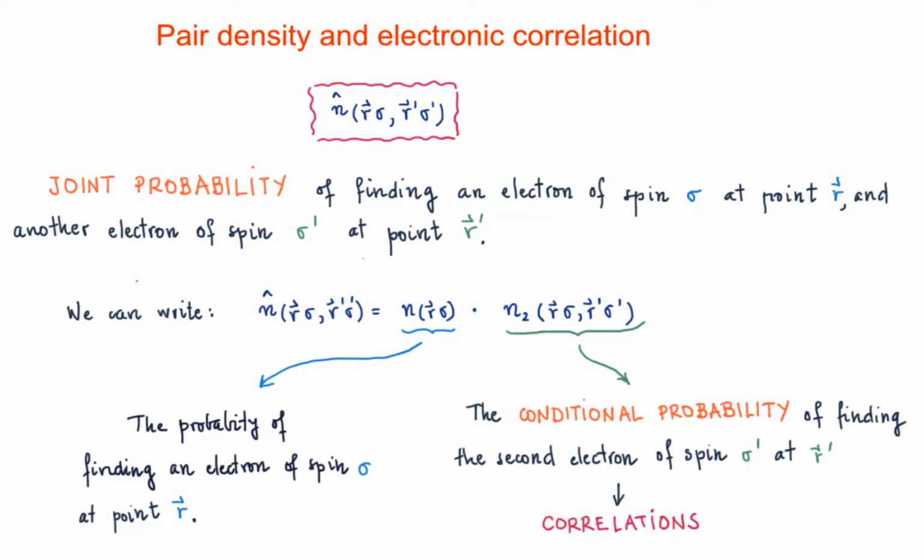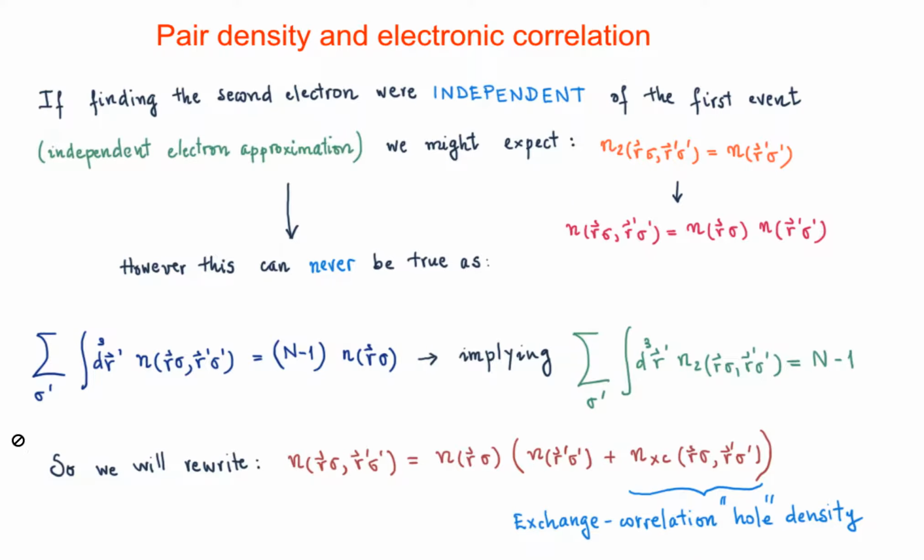For example, if we consider that the electrons are independent, so that finding the second electron is independent of the event of finding the first electron, so we are in this independent electron approximation, then what we might expect is that this N2 function will be just the spin density, the probability of finding an electron at R prime and sigma prime.